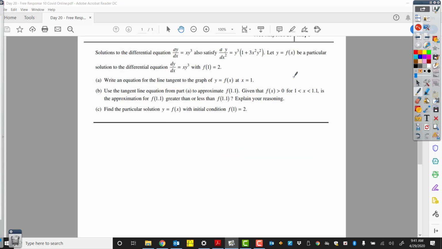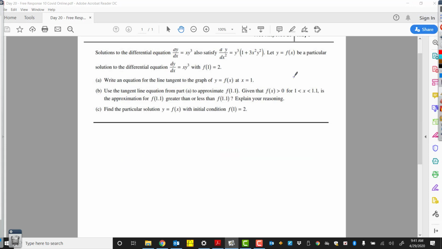Part 2. This one is a little bit weird and a little bit wordy. So first, let's use the tangent line approximation from part A to approximate f of 1.1. So this is y minus 2 equals 8 times x minus 1. And we're plugging in 1.1 to approximate what y is.